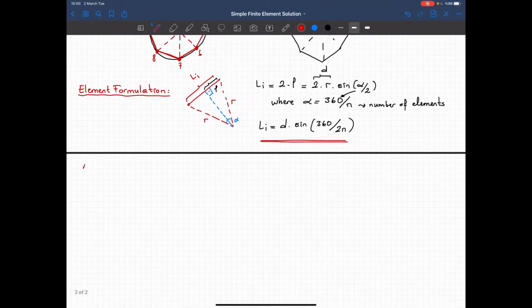Now I have to do the assembly. In the assembly, I know that the perimeter can be approximated by simply adding the lengths of every member. So basically, I can just say that P is equal to N times D times sine of 180 divided by N. Now the solution.